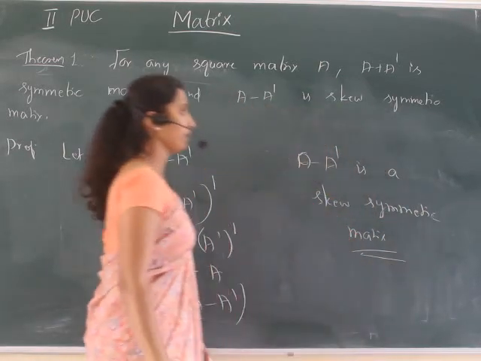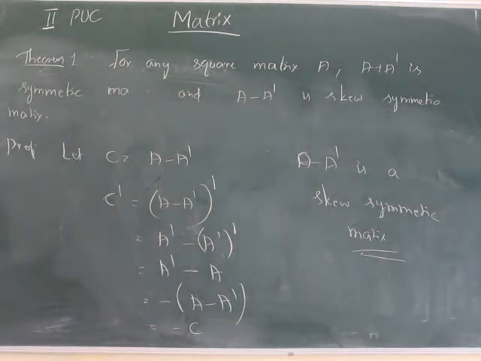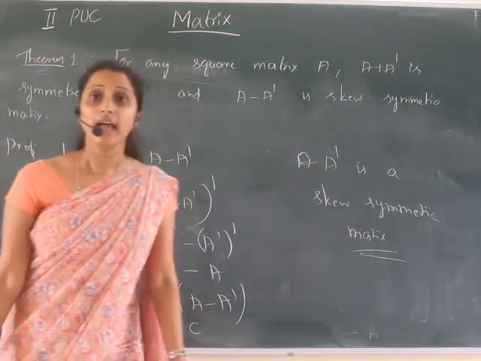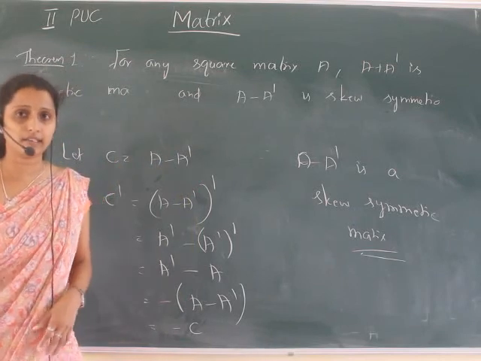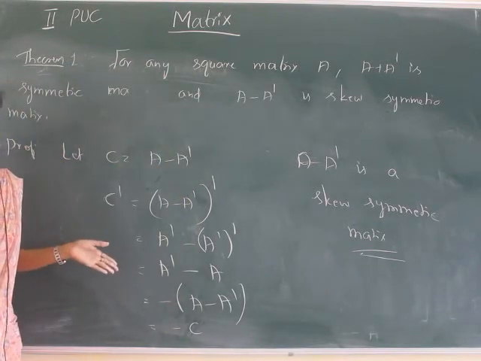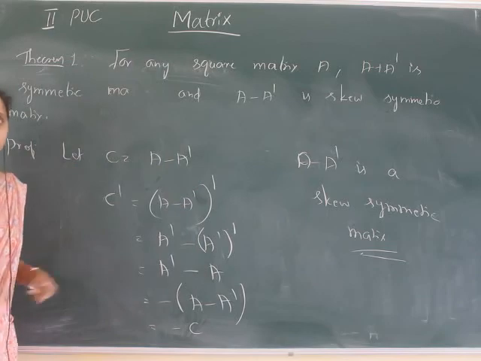So this is the proof of theorem 1: for any square matrix A, A plus A transpose is symmetric and A minus A transpose is skew symmetric. So follow all these and copy down all these notes.